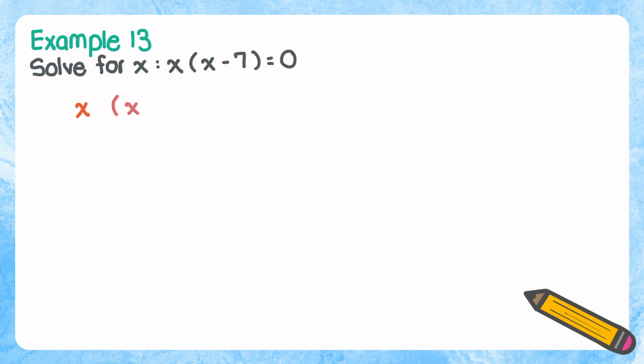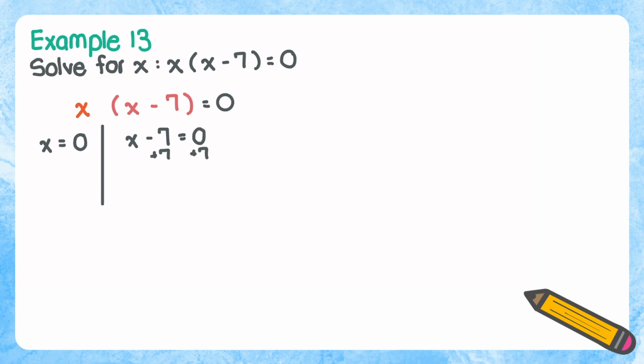So x times x minus 7 equals 0. So what I'm going to do is I still have two options. Either x is simply 0 or x minus 7 equals 0. So the left option, x is simply 0. Let's take a look at the right option.